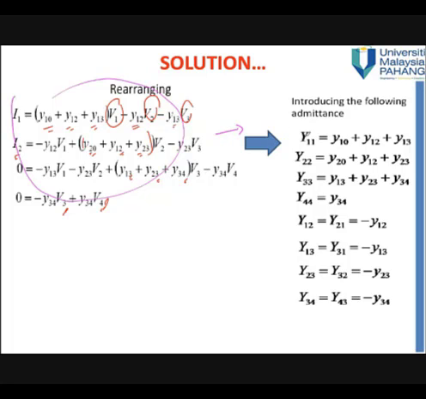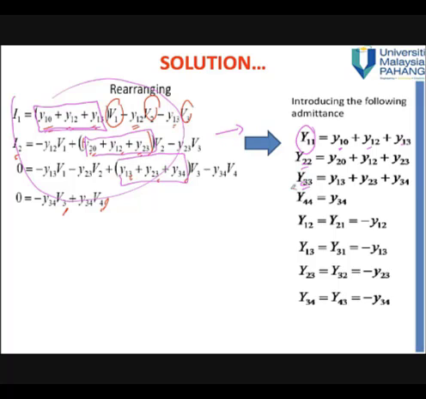introduce you the name of the admittance, the bigger one. Y11 represents this one, meaning all connected to bus 1, use sum. Y22 similar, all connected to bus 2. Y33 all connected to bus 3.